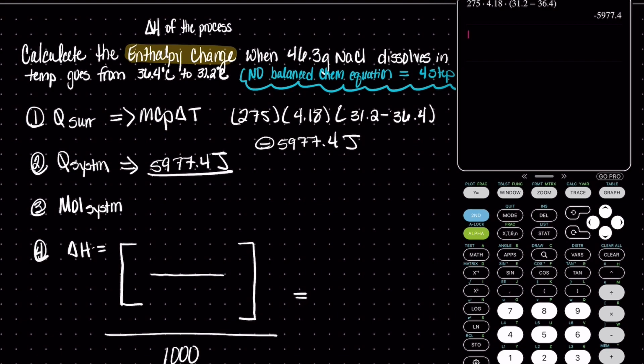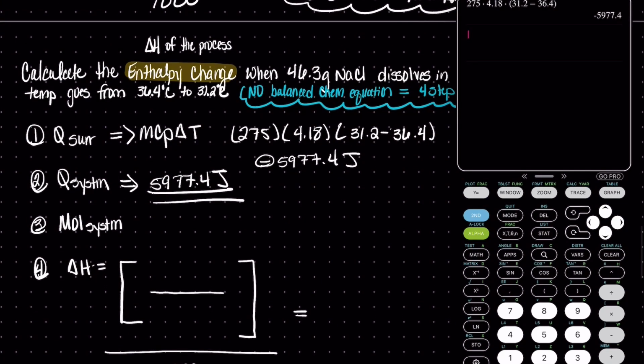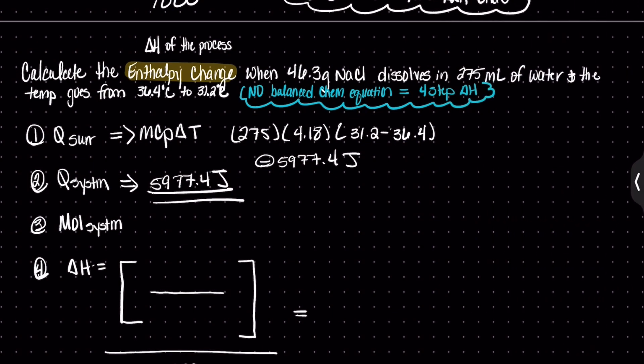Now I've got that cooking. Now I have to get my moles of the system. When I say moles of the system, I'm looking for what's dissolving. That would be that much sodium chloride, 46.3 grams of NaCl.